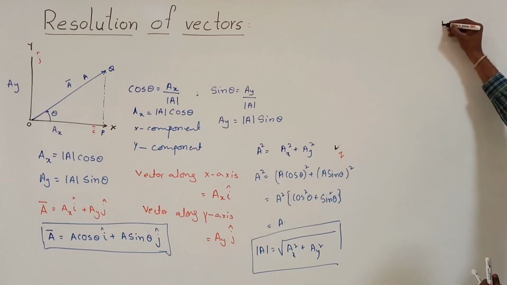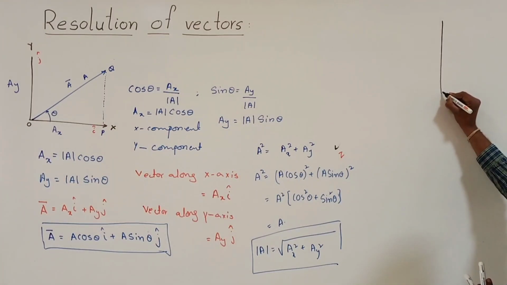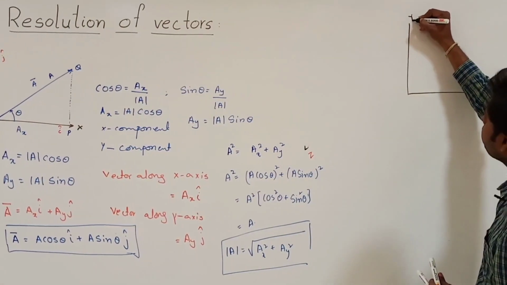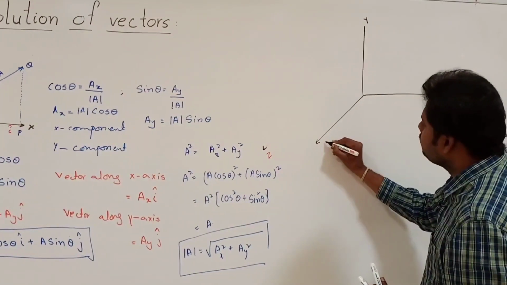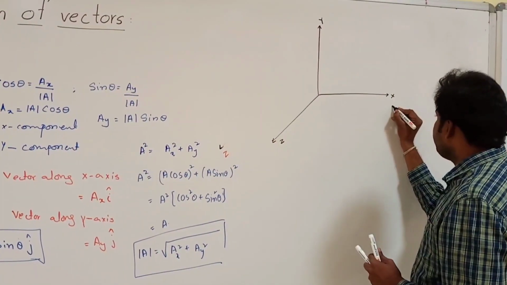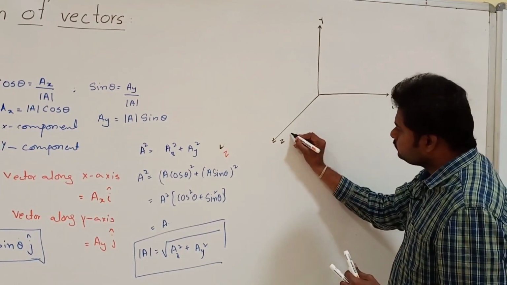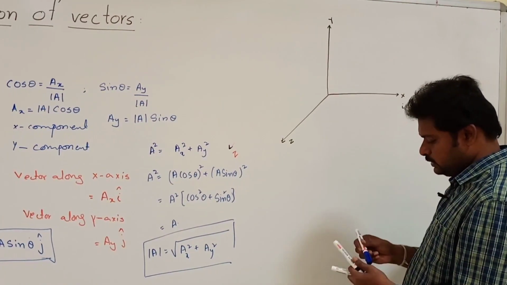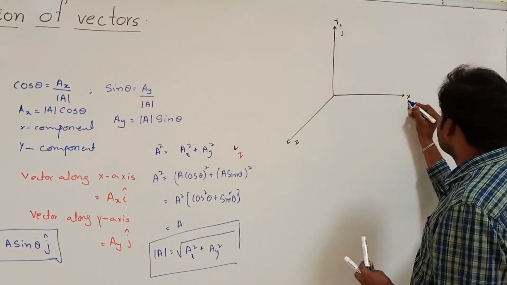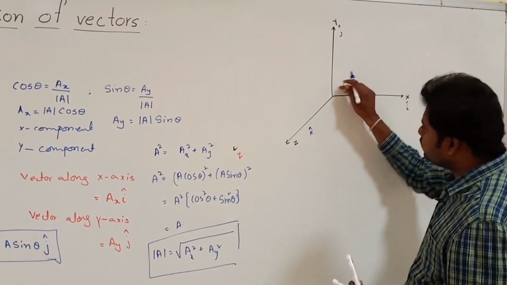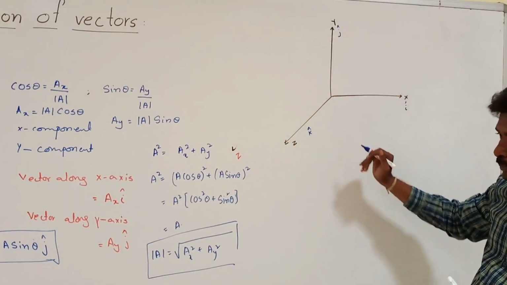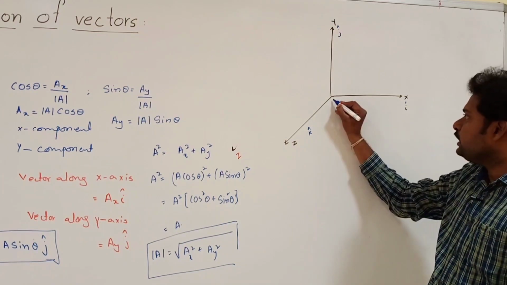Now, the component along the z-axis we shall also see in a simple method: x, y, z. Of course, the i vector, j vector, k vector. Opposite to that is minus k, opposite to this one minus i, opposite to j minus j, which is downward, which is the origin.